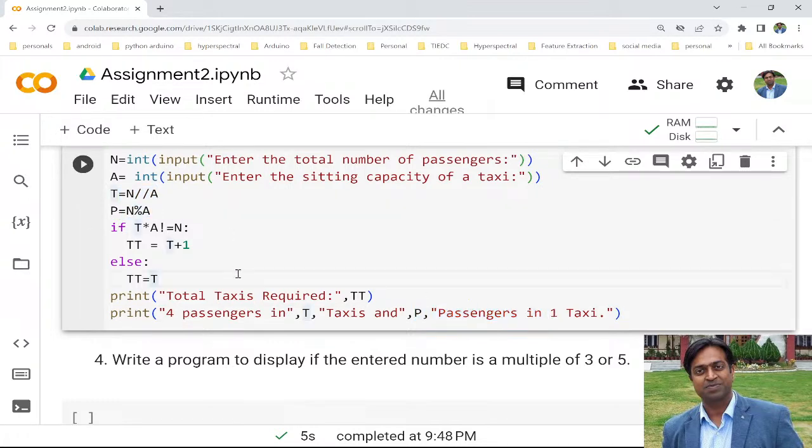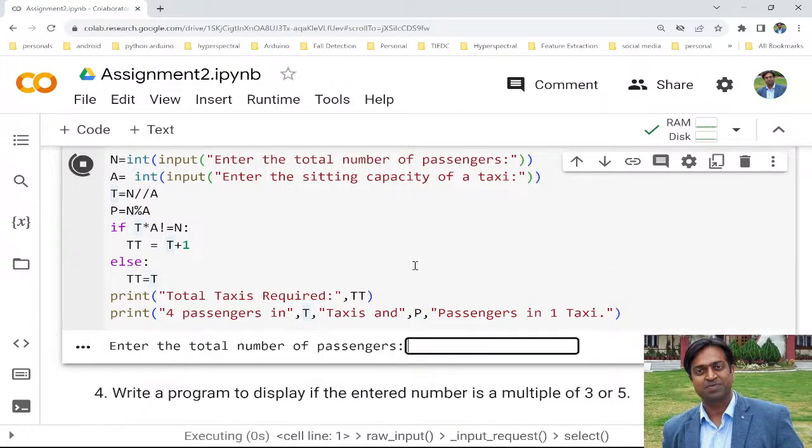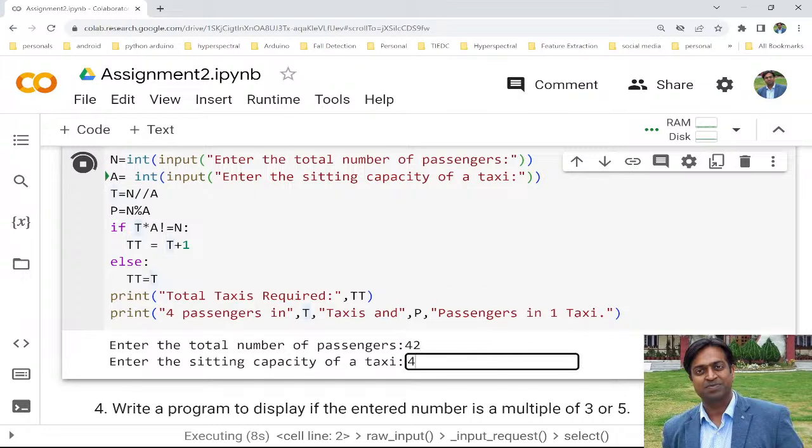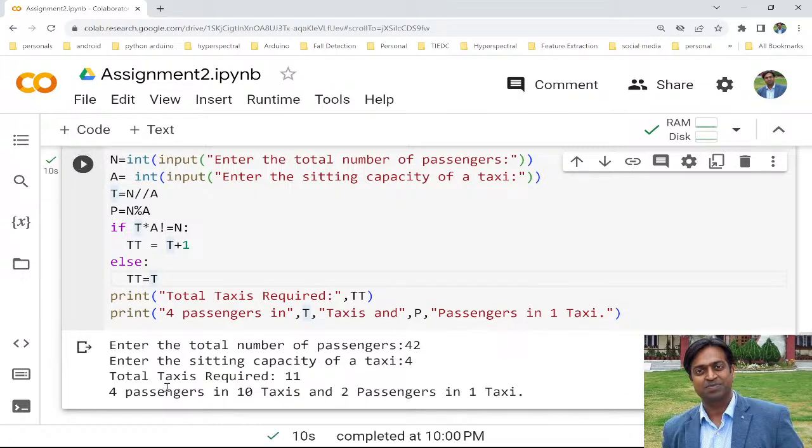So if I now execute this, and let me enter 42 as the total number of passengers and capacity 4. You can see total taxis required is 11, 4 passengers in 10 taxis and 2 passengers in 1 taxi.